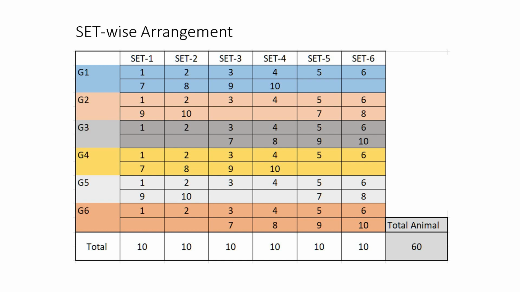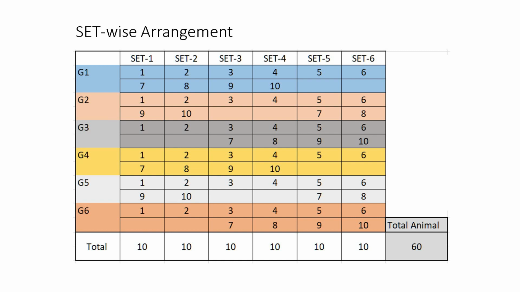I have already uploaded a video in which I have shown how to arrange the animals set wise. You can check that on my channel. I will also give a link in my description so that you can easily check how to arrange the animals set wise in your projects.